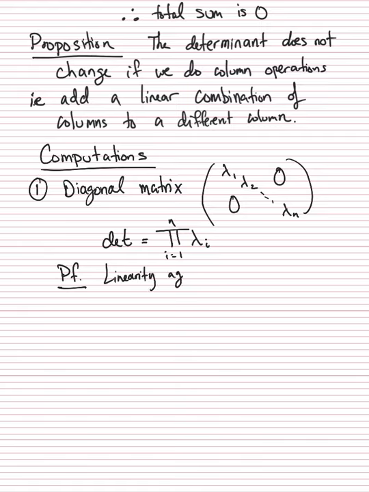You start with the identity, which we know has determinant 1, and then you multiply the ith column by lambda i. That gives the computation for diagonal matrices.